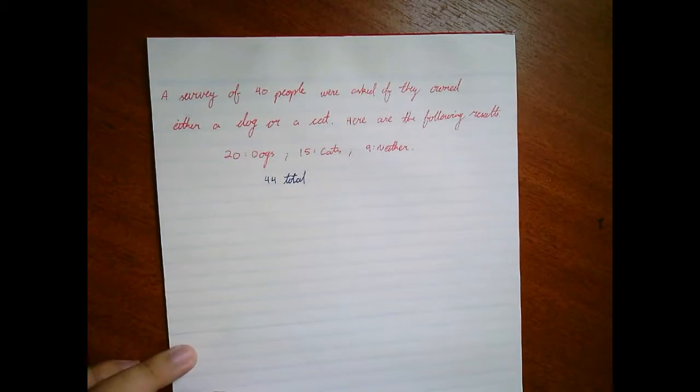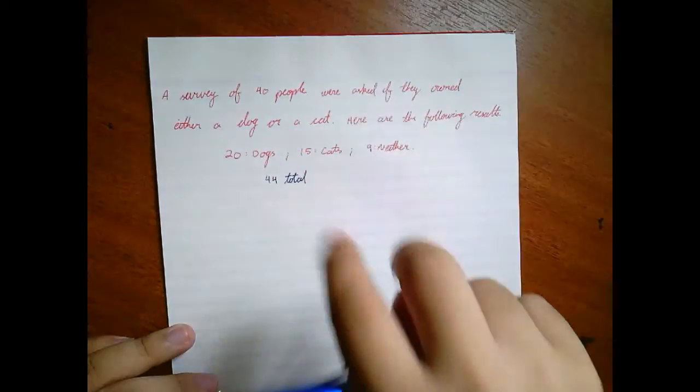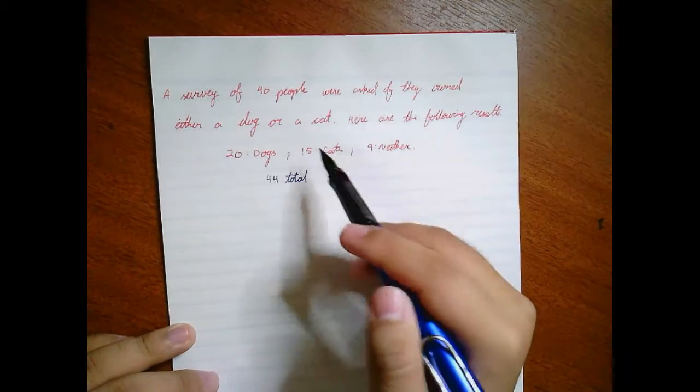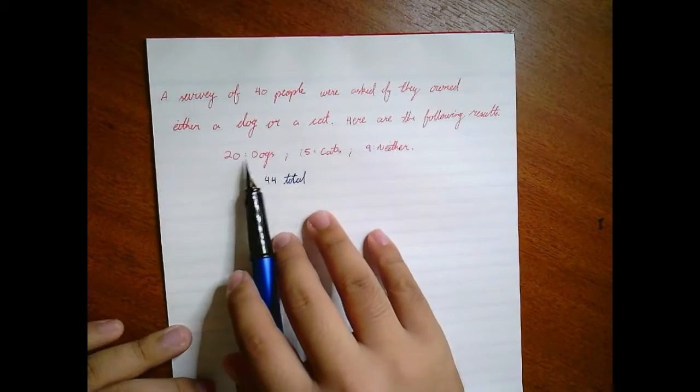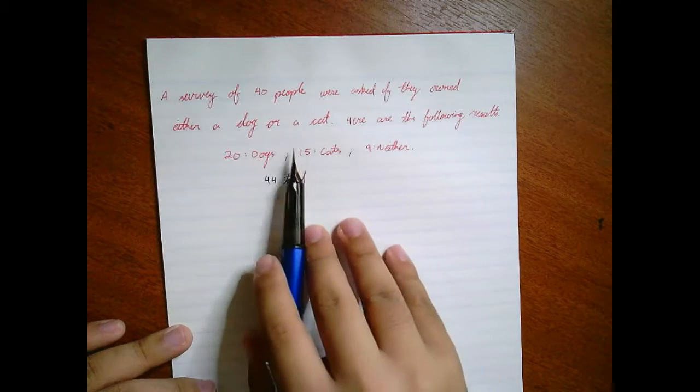Whenever this happens, it must mean that 4 people have been counted twice, right? And the place that they're counted twice is in this section, the dogs and the cats.